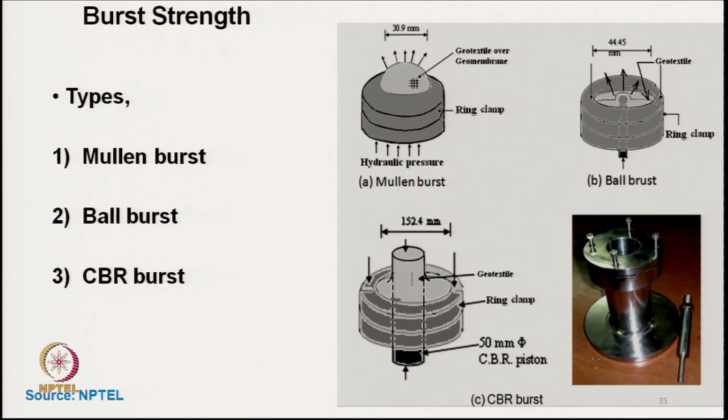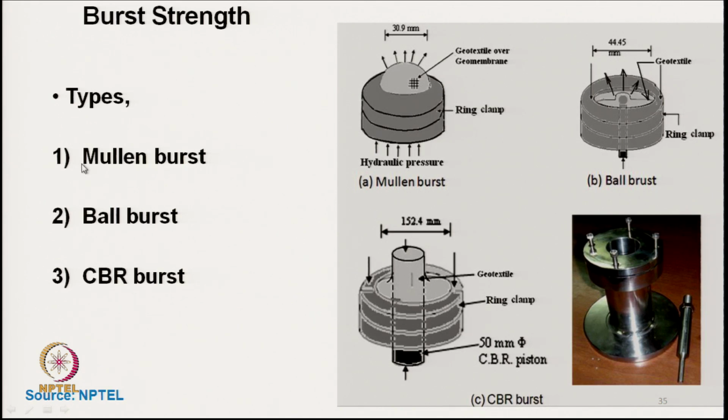Then another mechanical characteristic is the Mullen bursting strength. There are 3 types: Mullen bursting strength, ball bursting strength, and CBR bursting strength. CBR testing is also used for puncture resistance, and here we can use it for bursting data.